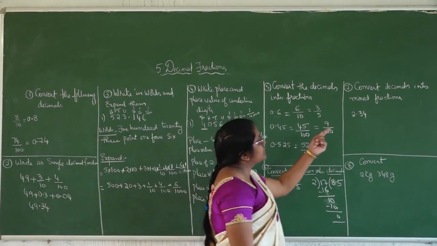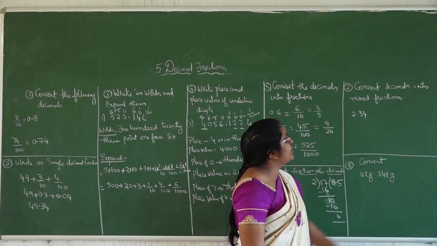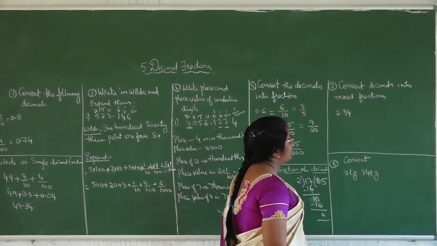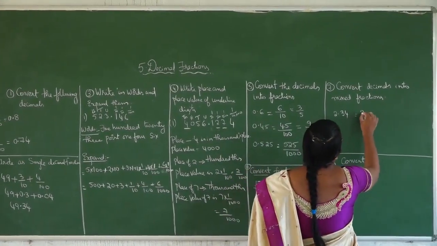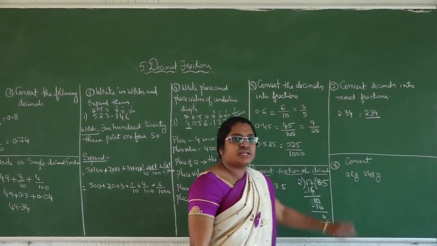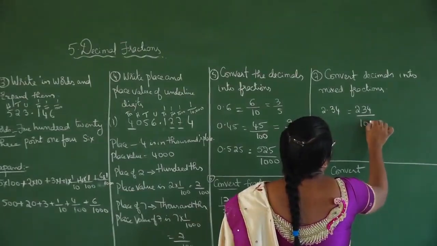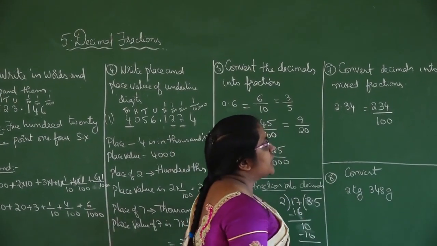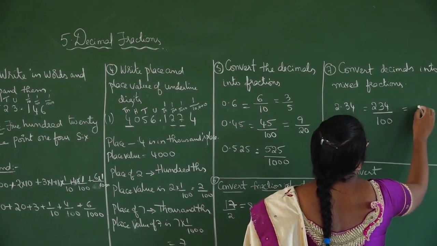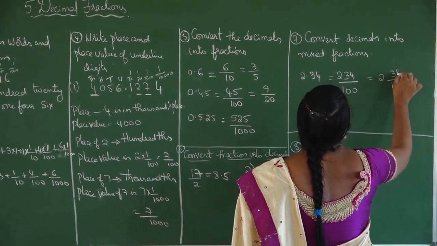Now convert decimals into mixed fractions. See, this is given. Now you have to convert this decimal into a mixed fraction. That is 2.34, and we have to write the number and see how many digits are there after the decimal. 2 digits are there. So you write it by 100. So when you divide 234 by 100, you get the mixed fraction: 2 into 100 is 200 and the remaining 34 is left.